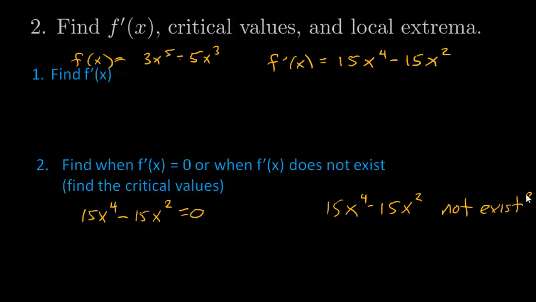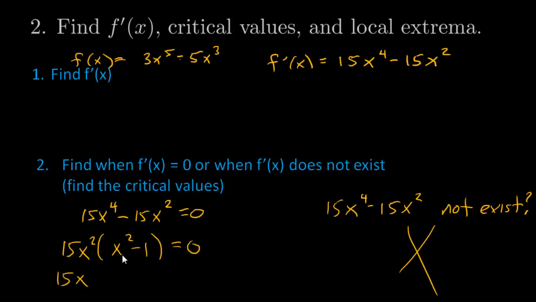Since this is a polynomial, polynomials exist everywhere. So we're not going to have an issue with this. Polynomials are differentiable everywhere, so we're good. But we do have to solve this. What I see is I can factor out a 15x squared, leaving an x squared minus 1.